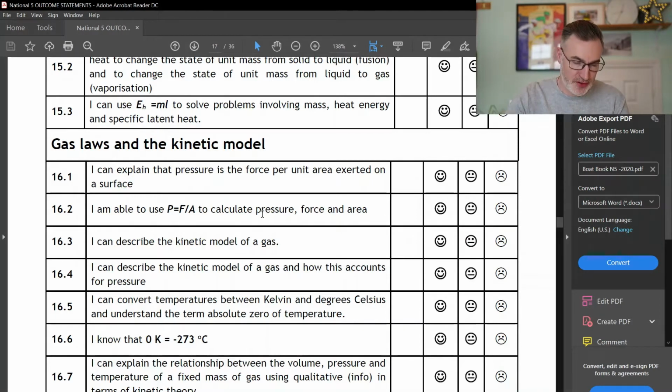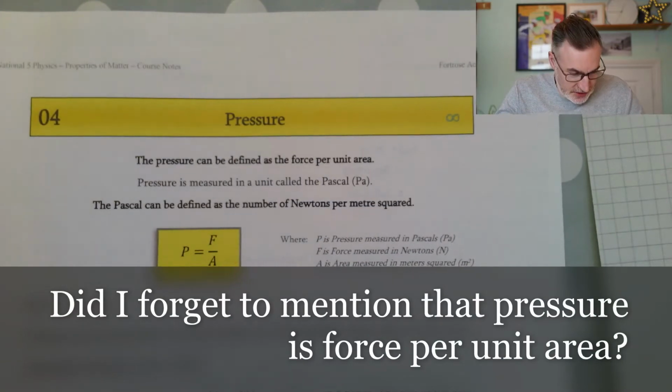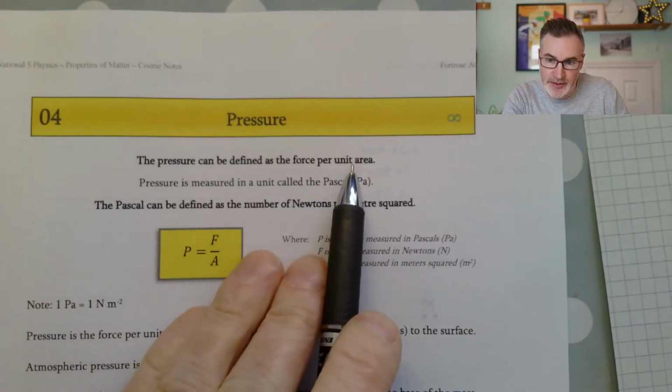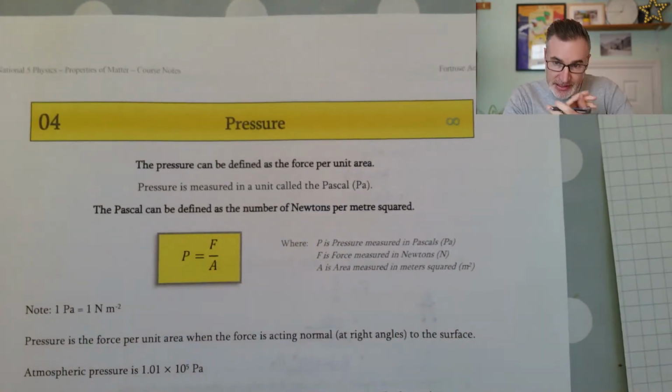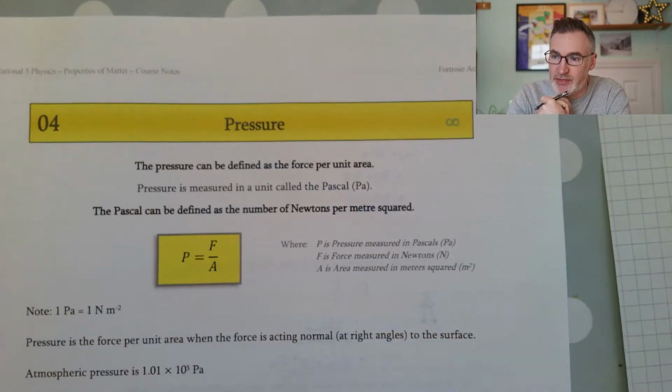Pretty simple, pretty short. All we have is this idea of force per unit area. Pressure is defined as the force per unit area, and we can see here at the top of the course notes on page 10 that pressure is defined as force per unit area. Pressure is measured in something called the pascal, Pa for short, capital P, small a.